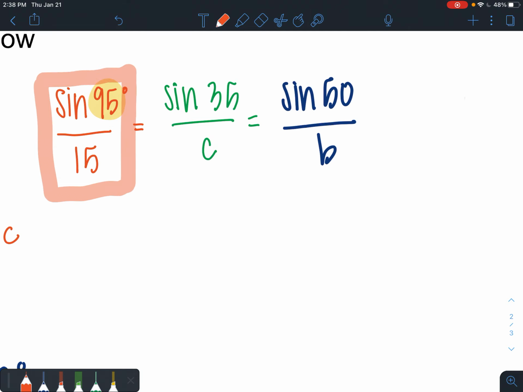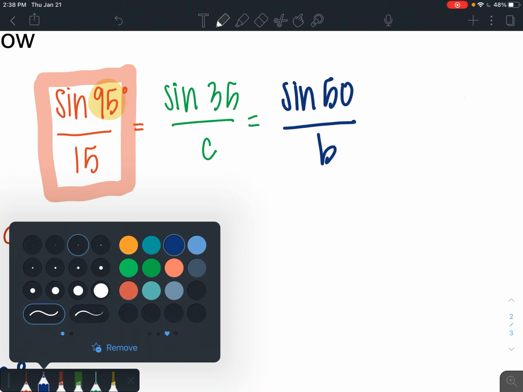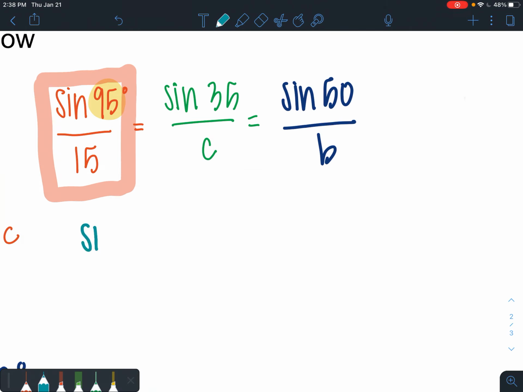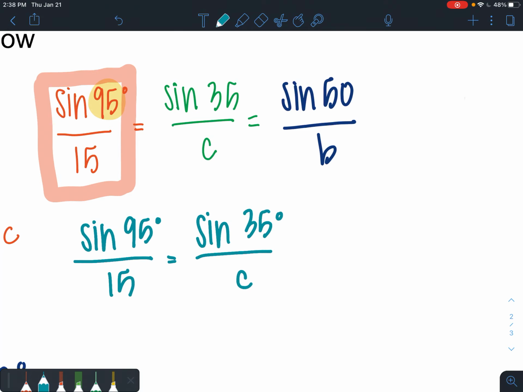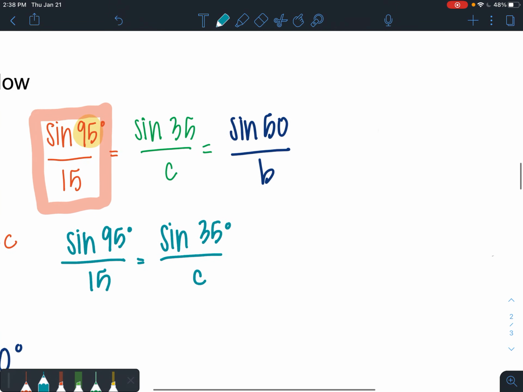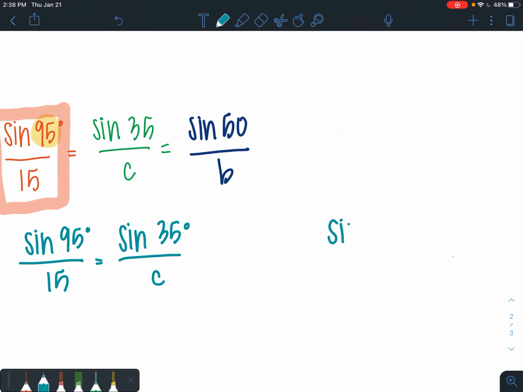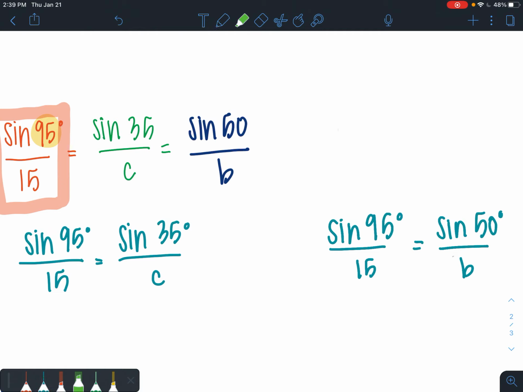So I'm going to have sine of 95 degrees over 15 equals sine of 35 degrees over C. Then also, I'm going to have sine of 95 degrees over 15 equals sine of 50 over B. All right, so this is where we want to cross multiply and solve.